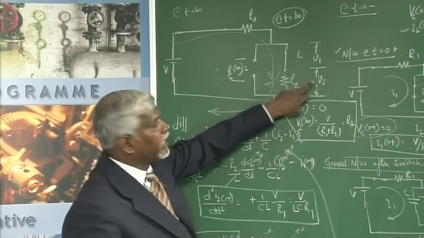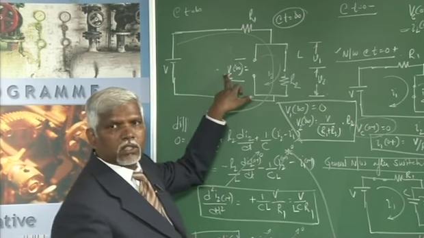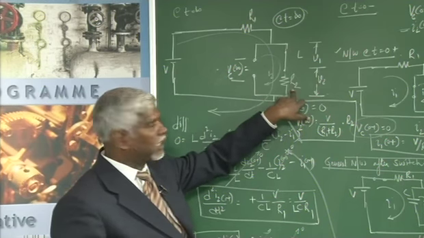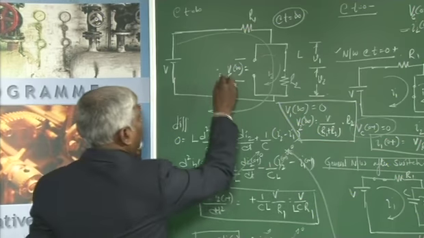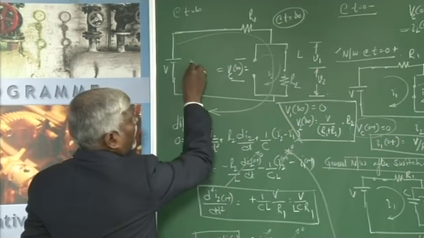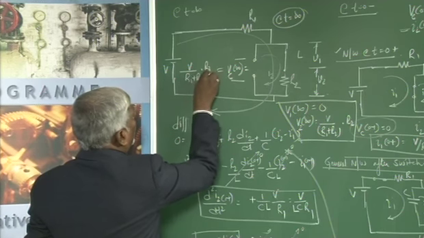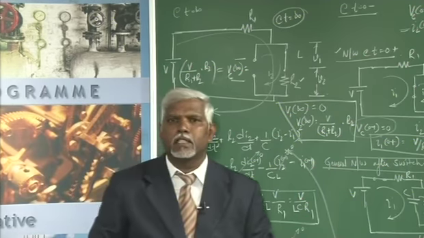It is same as your V2. We just substitute the numerical values, and you will get the voltage across the capacitor. So voltage across the capacitor will be equal to the voltage across the resistor, which is V into R2 divided by R1 plus R2, same as the voltage across the resistor R2.